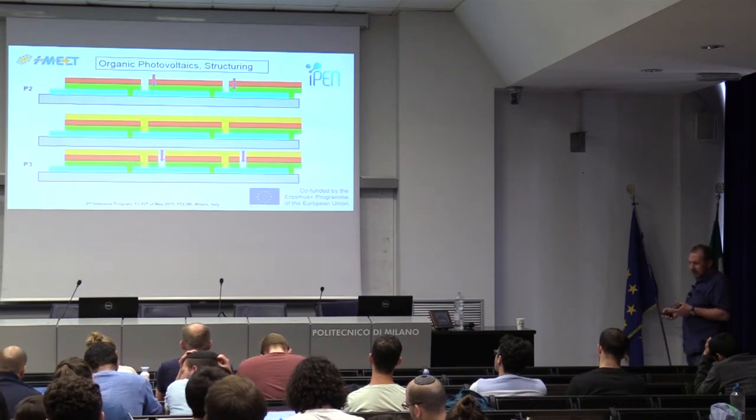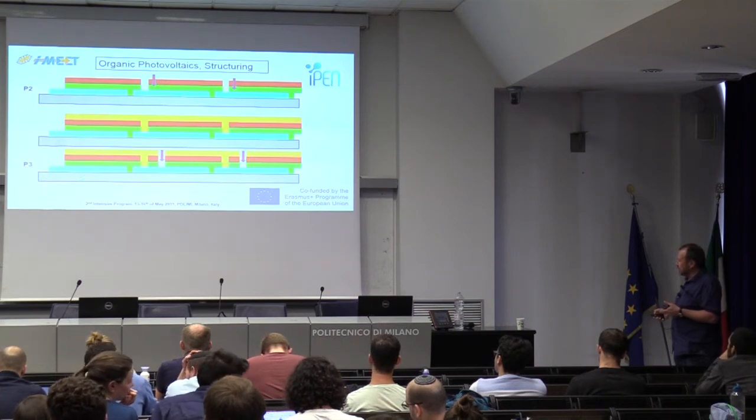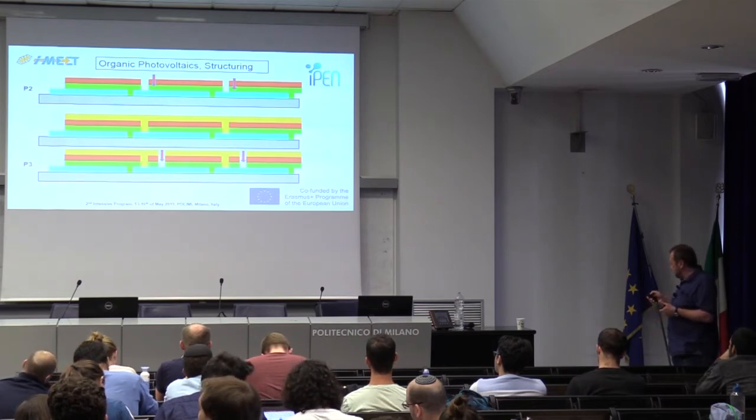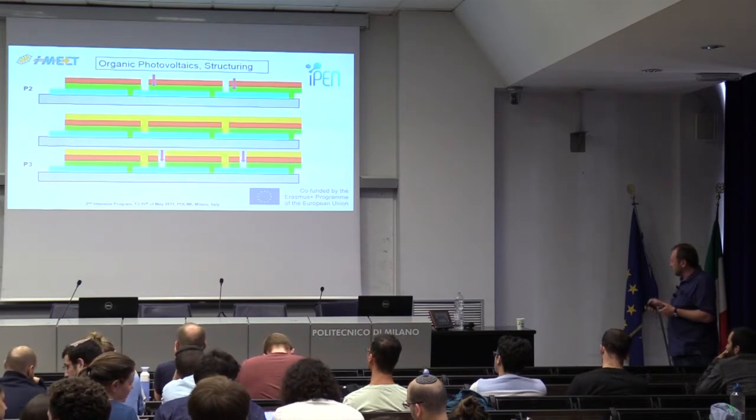And now you have to isolate these single cells by making another cut, which is called P3 in this technology, with laser. You can do it from the top to the bottom, and so the current path will be from here to here, up there, again here, and so on.